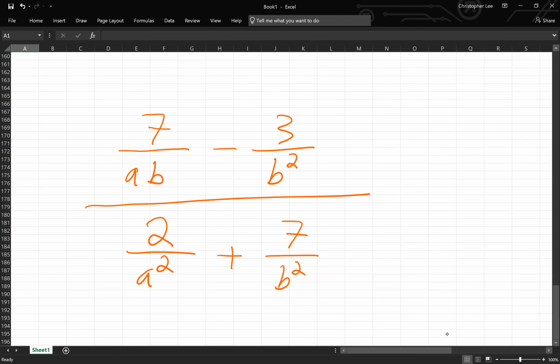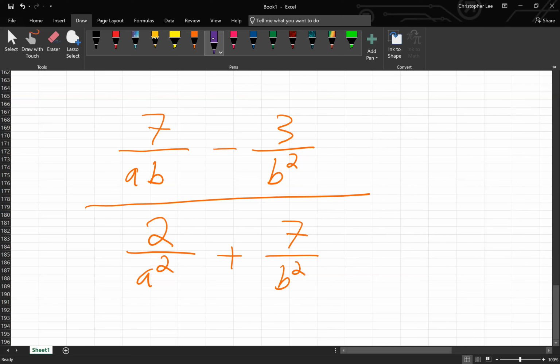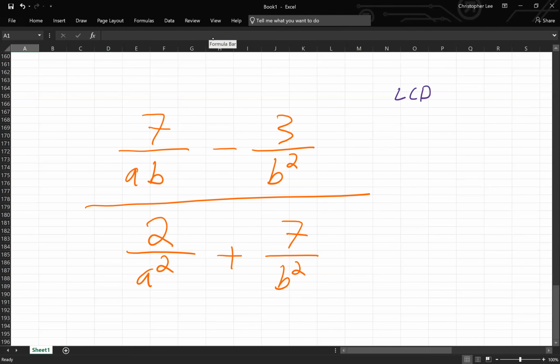Well, first for the top, what's the LCD? That's a part of it. What else? AB squared, right? So that's my LCD. Now the first one is an A and a B, so it's missing what? It's missing a B, right? So I'm going to multiply this by B, but what I do to the bottom, I do to the top.